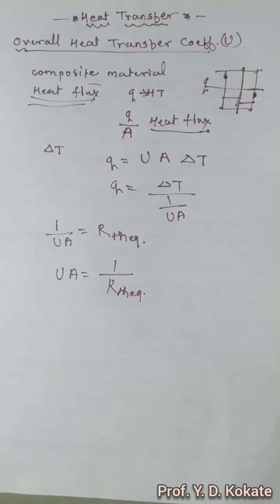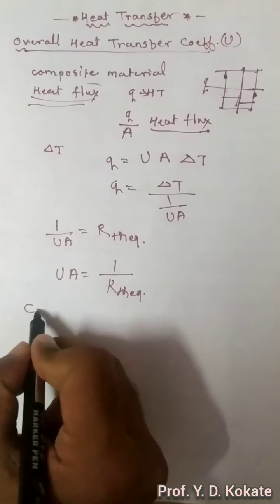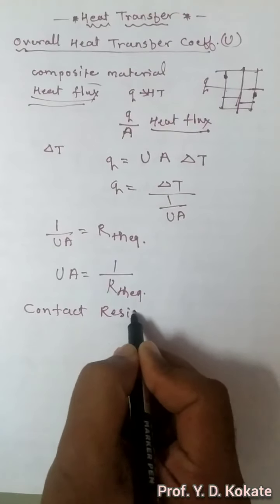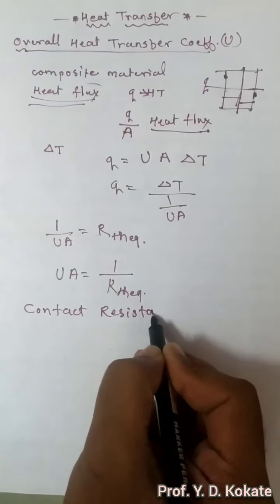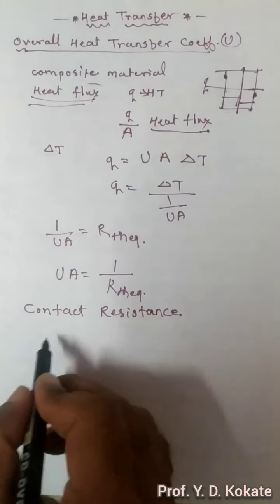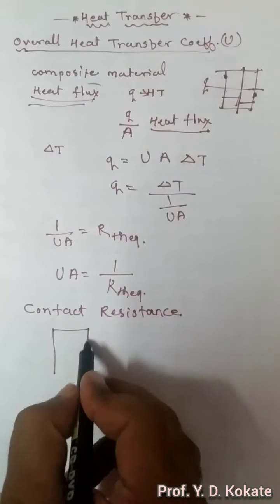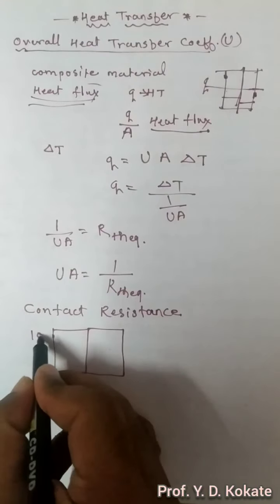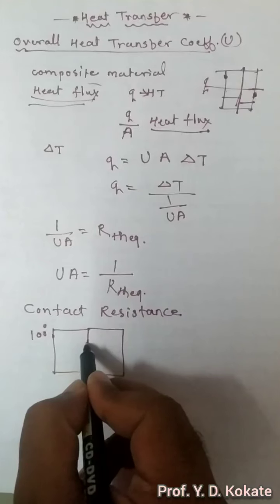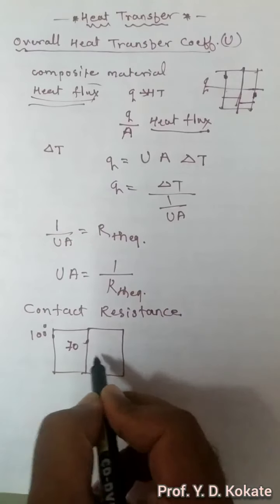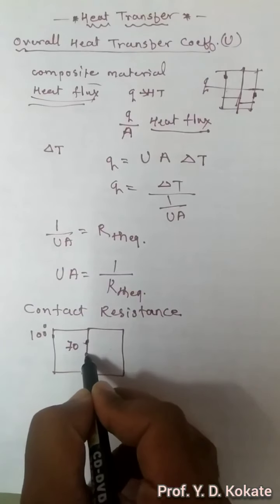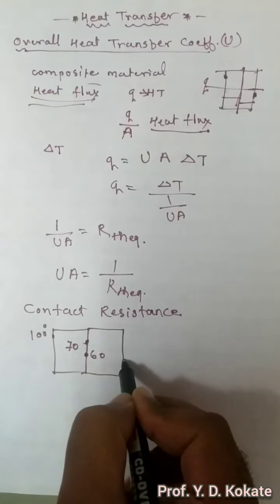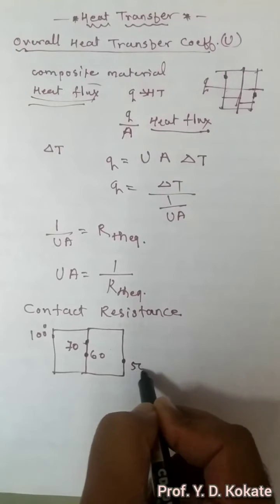Now the next concept is the contact resistance. Now I am taking a simple example. If this is one slab and this is a second slab, if this is maintained at 100 degrees Celsius, over here it will be at 70 degrees Celsius, and some of the temperature will drop at the same surface and it will become 60, and then I will get 50 degrees Celsius over here.